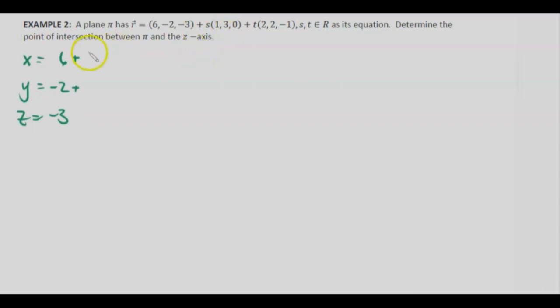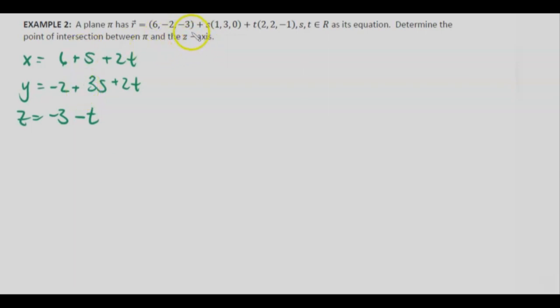Okay, plus 1s, so just plus s, plus 3s, and plus 0s I'm not going to include. That's why I deleted the plus sign there. Now for the t value, so we have plus 2t, plus 2t, and minus 1t, so minus t. Okay, so we have parametric equations, that's what we're going to use.